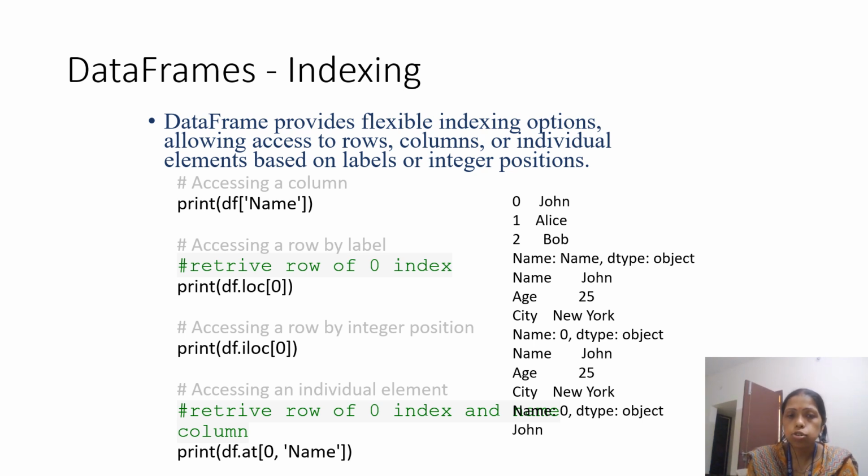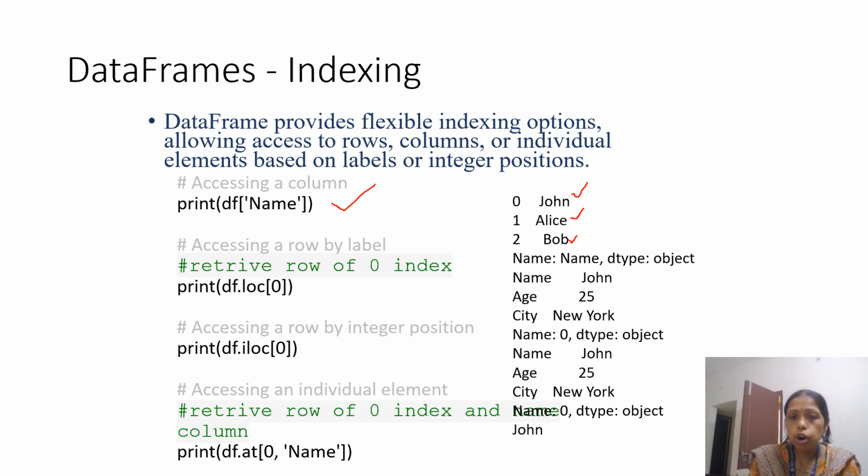Name is a string, so you have to write it within inverted commas. If you print df['name'], all the values under the column will be retrieved. This is column wise access.